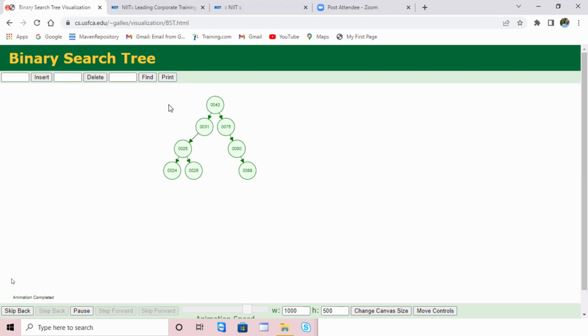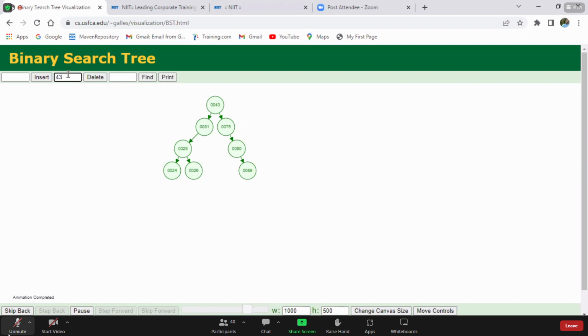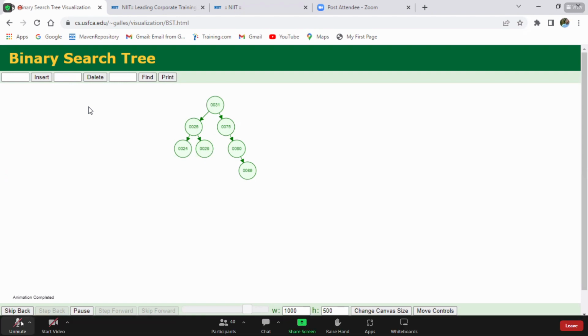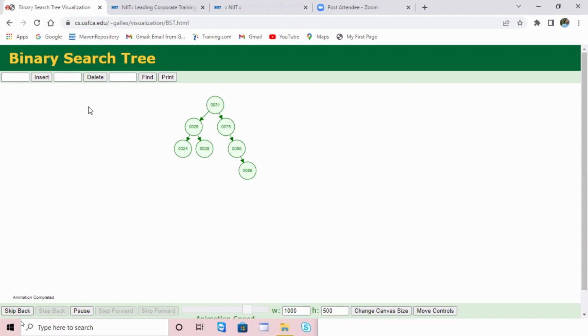Now I want to delete 43. Look into the animation, how it is traversing and what it will take. It will always depend. Root level node deletion is another concept. But now it is going to take the lowest value, and the root has two nodes, of which the lowest will be checked.